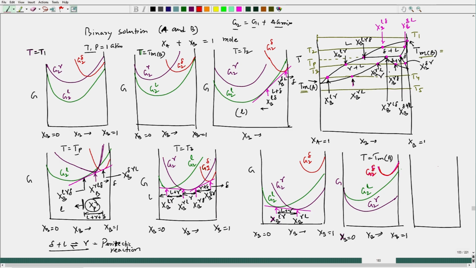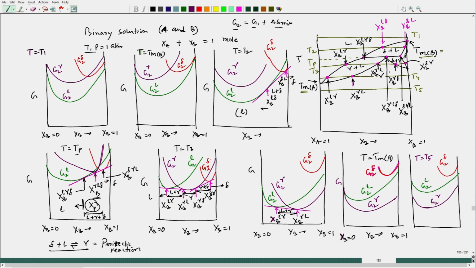So, this should be my G2 delta. This is the liquid line, liquid free energy, G2 liquid, and the final one is G2 gamma. This is G2 gamma. This is T equal to T5, and everything would be gamma.